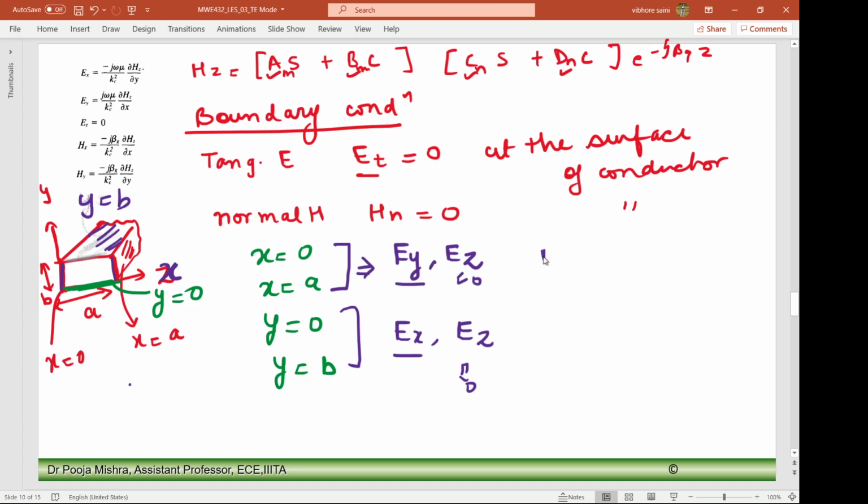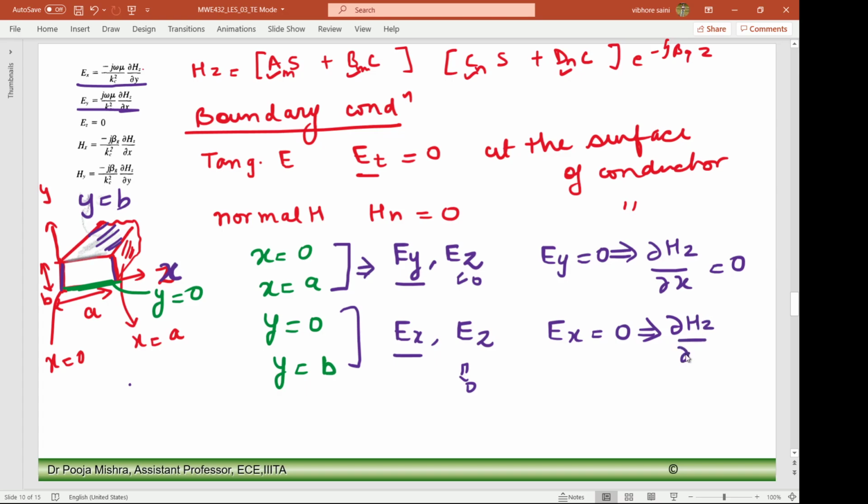So Ey is 0 at the x is equal to 0 surface and the x is equal to a surface. Ey is equal to 0 means, from this equation, this implies that del Hz by del x is equal to 0, and Ex is equal to 0 implies del Hz by del y is equal to 0.